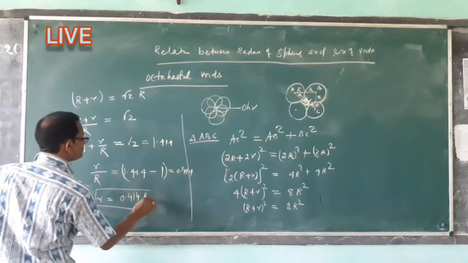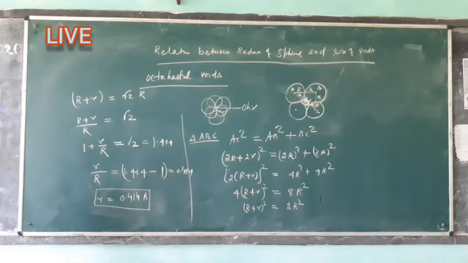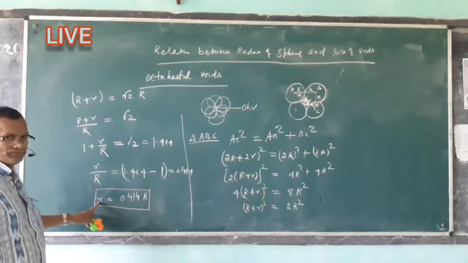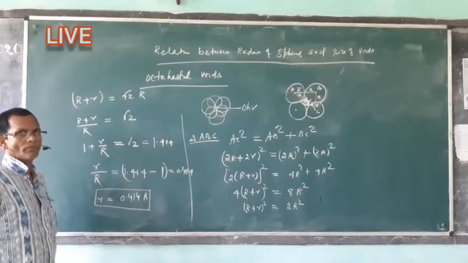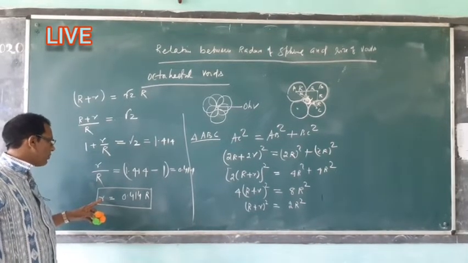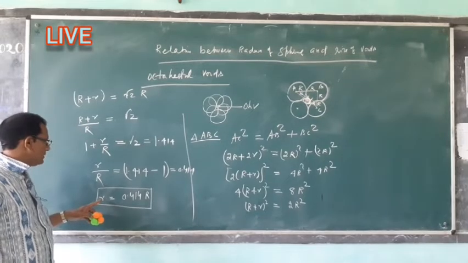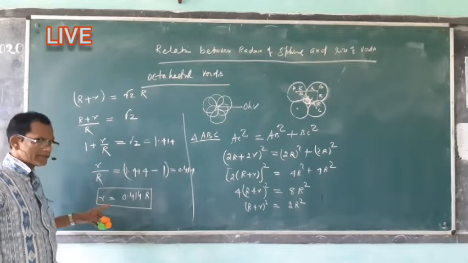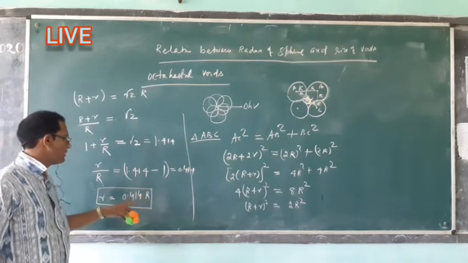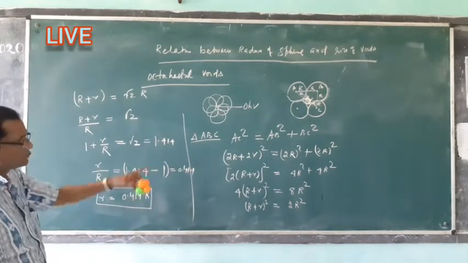This is the relation between small r, the size of the void, and capital R, the size of the sphere.